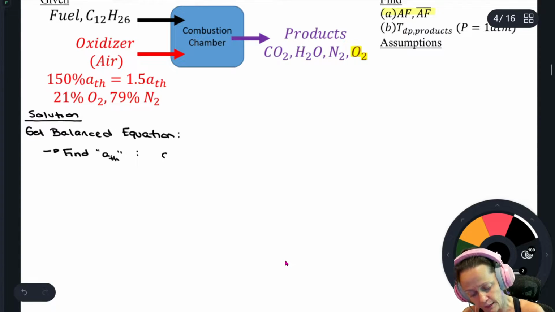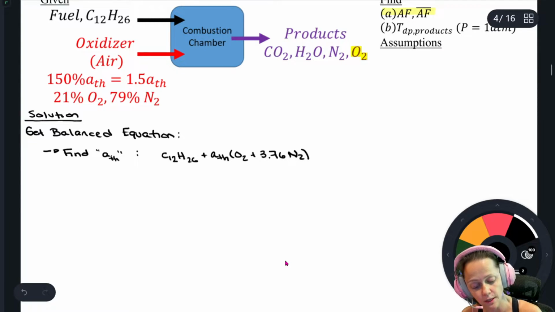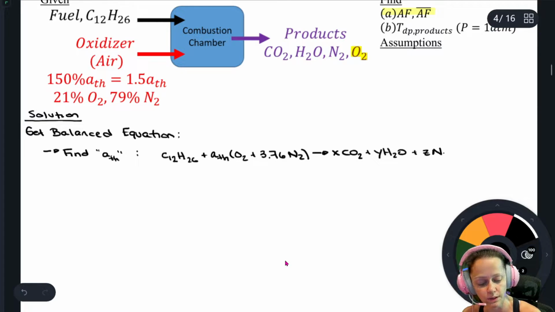So I have C12H26 plus ATH times (O2 + 3.76 nitrogen), and that's going to yield some amount of CO2, some amount of H2O, and some amount of nitrogen.